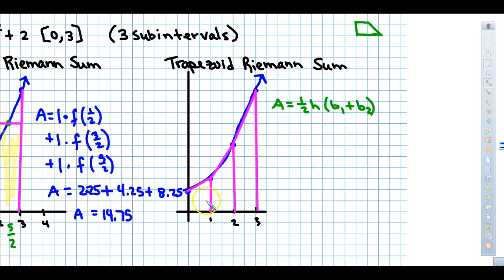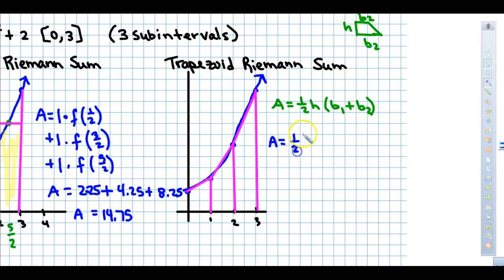But rotate that and compare it to this, and you'll see that your bases are the parallel sides. So these are actually your bases right here, and the height is how tall these are. It's actually the same as your width right here. So the height of your trapezoid is this width, and your two bases would be these two segments right here. So let's do the first area here.